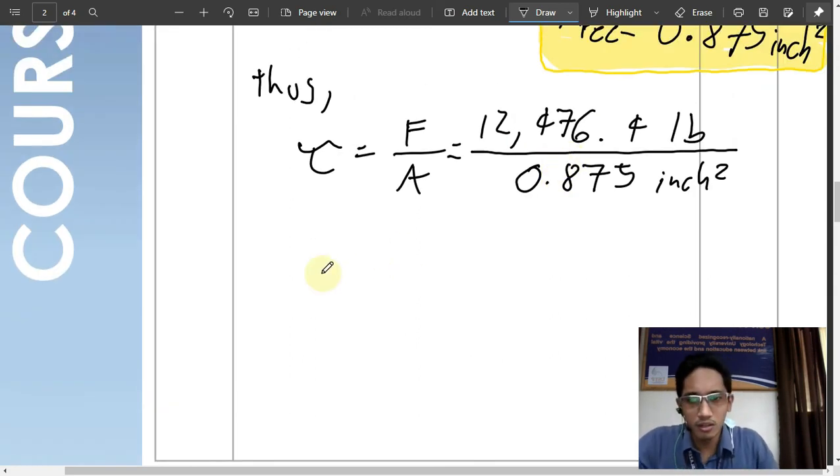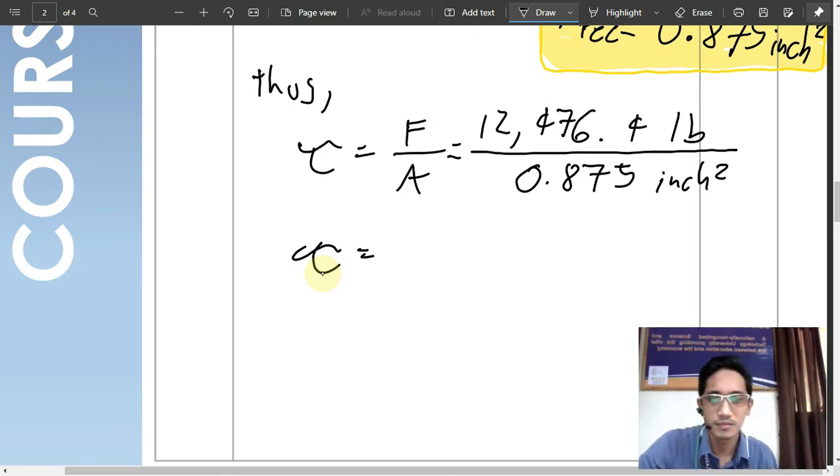If you have a calculator, please input it.